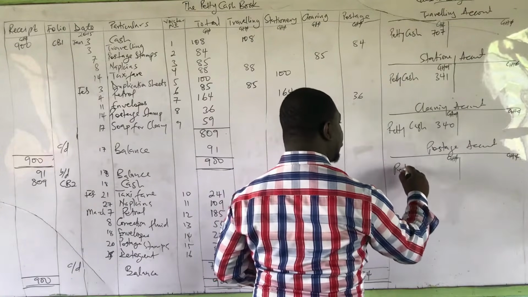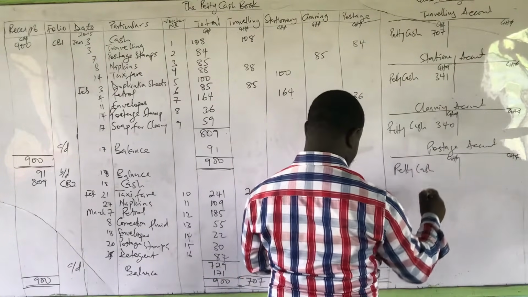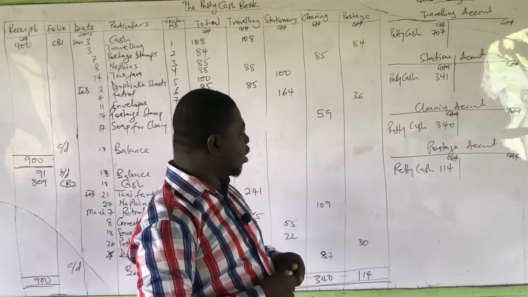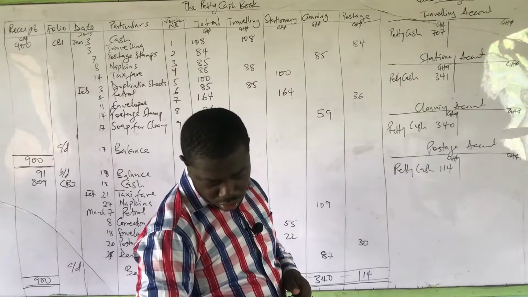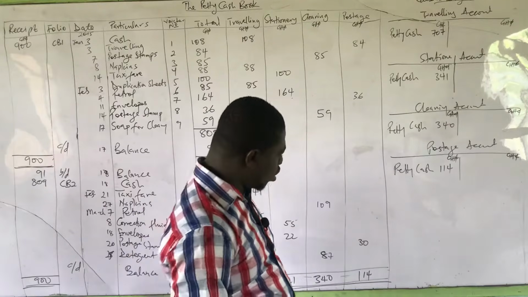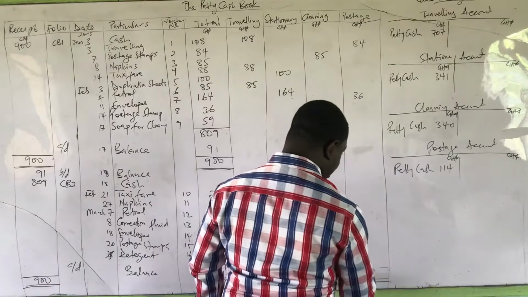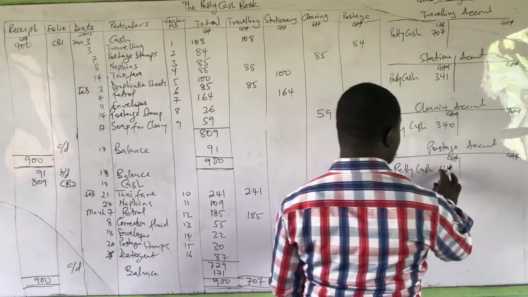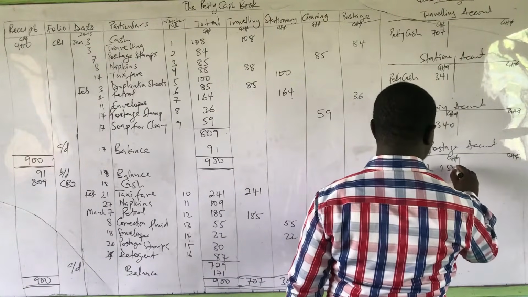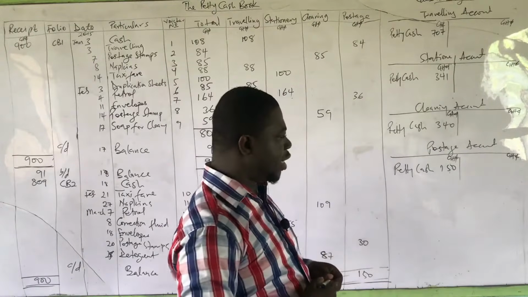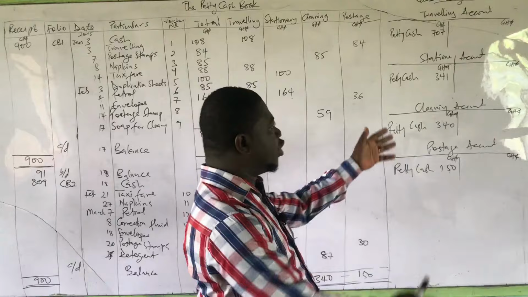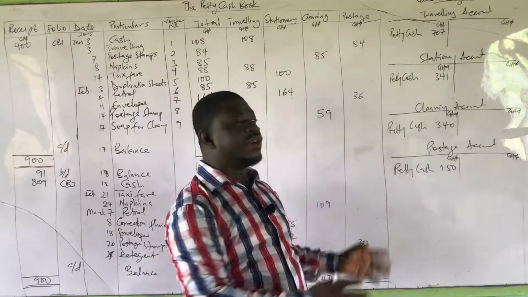On the debit side, I'll call it petty cash, and the amount is 114. So I am done. Sorry, the total for postage is 150. So 150 on the debit side. So yeah, this is how the account is going to look like. So that is all for the requirement B.